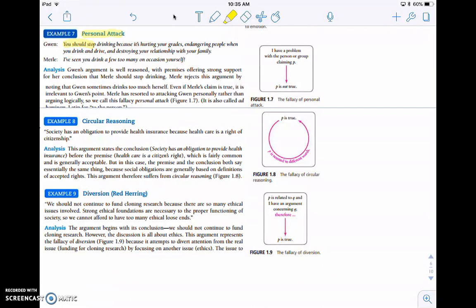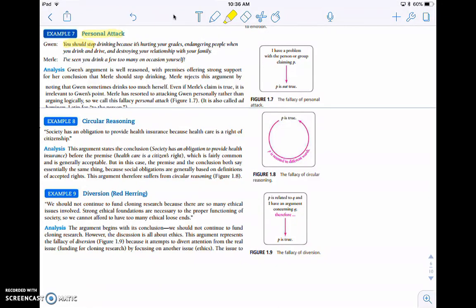So notice that Gwen makes a pretty good argument with a premise and some supports for her conclusion that Meryl should stop drinking. However, Meryl basically just disregards or rejects the argument and turns it to Gwen. And even if Meryl's claim is true, it's completely irrelevant to Gwen's point.